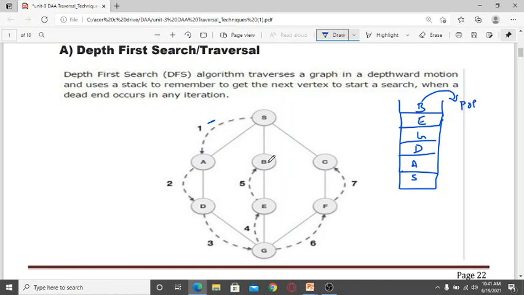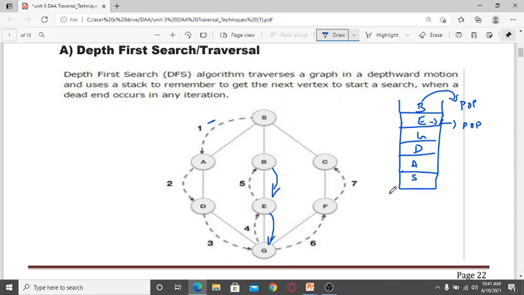After popping this, again it comes back to position E. Is there any connection here? G is already added, so this also needs to be popped. Then from G to F, there is a connection. Come back from here to here, then here to here.